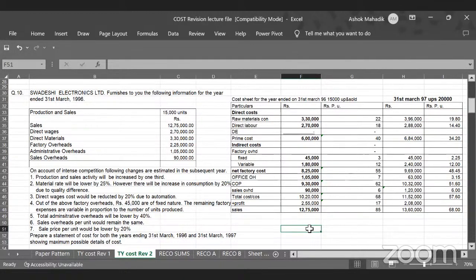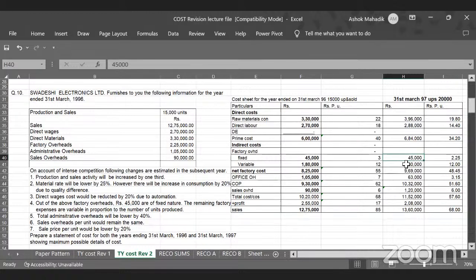Now we go to factory cost. Since we had bifurcated factory overheads as variable and fixed, the fixed portion will remain as it is. Always remember, in case of overheads, if the fixed proportion is given to you, it remains fixed in the estimated cost. So fixed factory overheads will remain as they are, that is 45,000. What about the variable portion? Read the fourth adjustment.